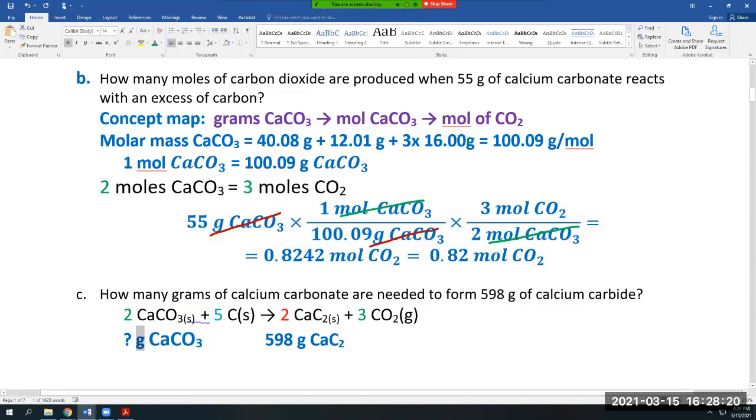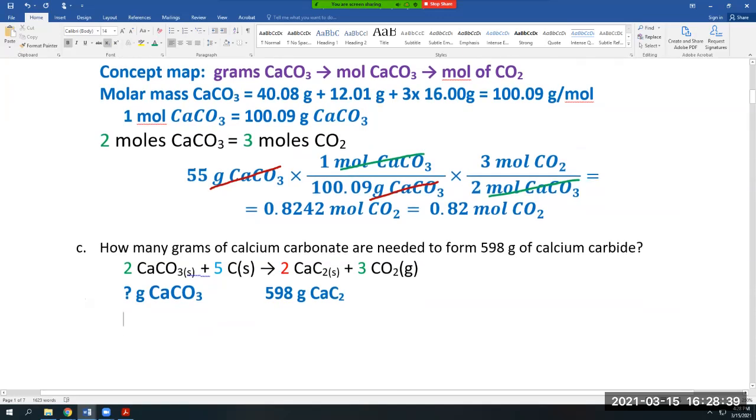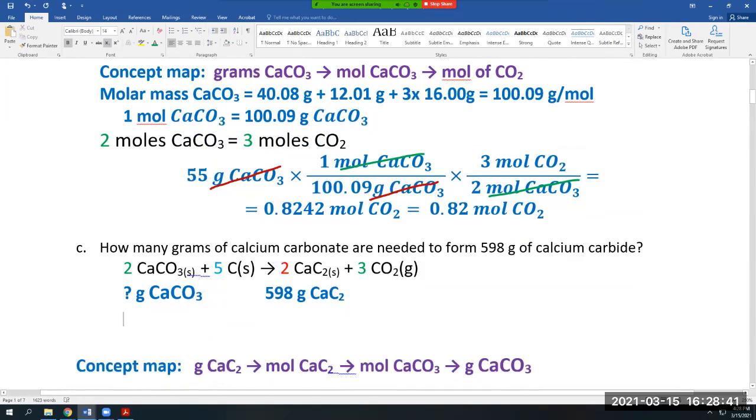So it is important to write your units fully for this kind of problem, because you can go from one substance to another, and you can only cancel if it's grams of the same thing and moles of the same thing. So here we will need to write the concept map.